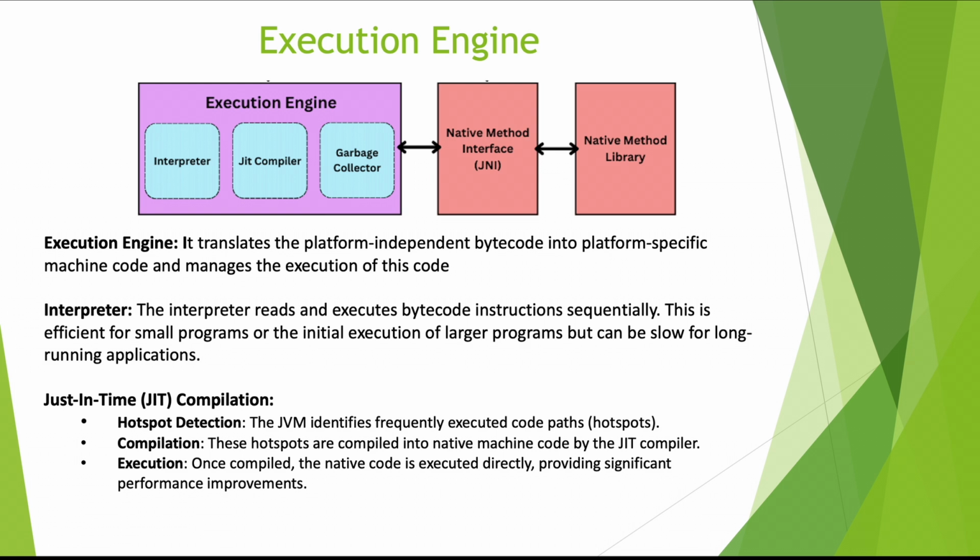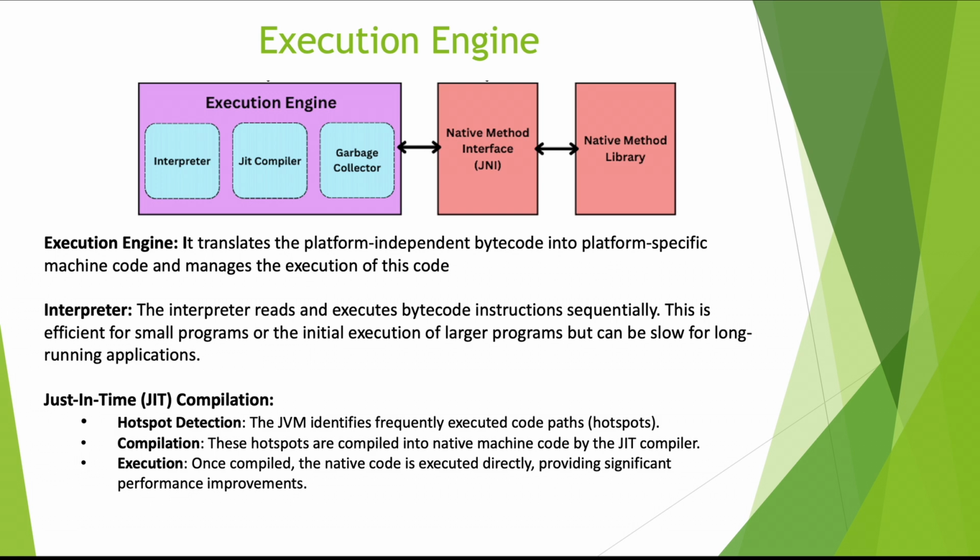This is efficient for small programs or the initial execution of large programs, but can be slow for long running applications, because if one method is executed multiple times, it will generate machine code repeatedly for that repetitive method call. That's why it affects the program's efficiency.